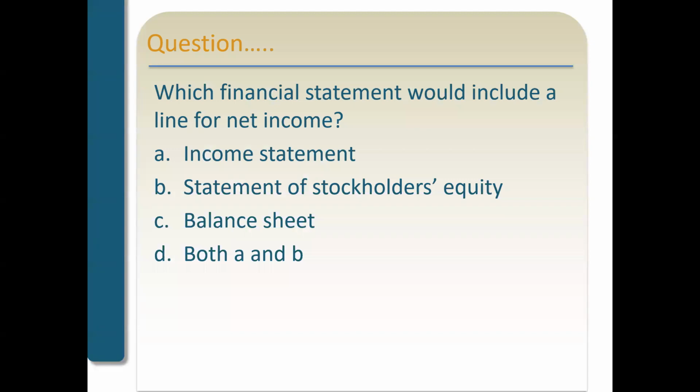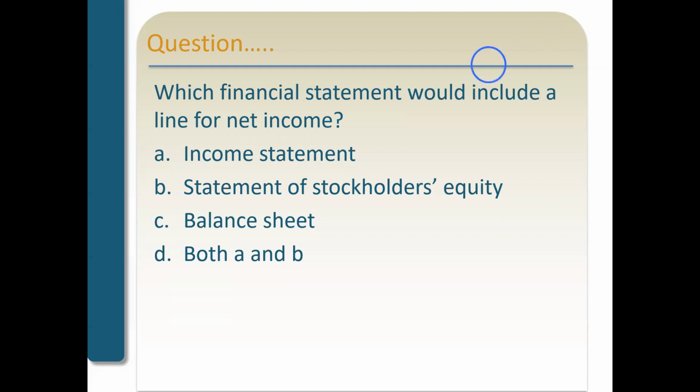Is it the income statement? You better say it is. But there's something else that also includes a line for net income, guys. What is it? Any ideas? A and B. You are correct.